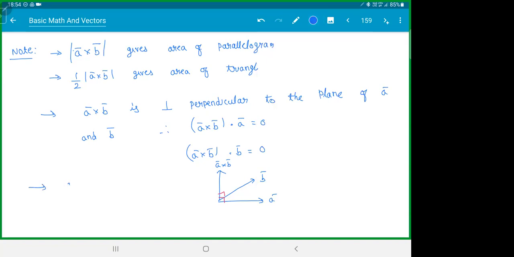And this A cross B is actually a pseudo vector. What is a pseudo vector? You can refer that. It's actually a false vector. It does not give the actual direction. It gives a sense of rotation.